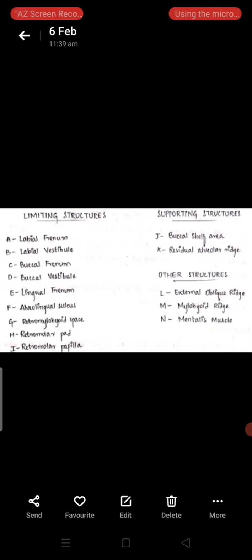Now come to the supporting structures. Supporting structures are those structures which support the denture, which are actually the stress bearing areas which have thick cortical bone. We divide the supporting structures into two: primary stress bearing area and secondary stress bearing area.